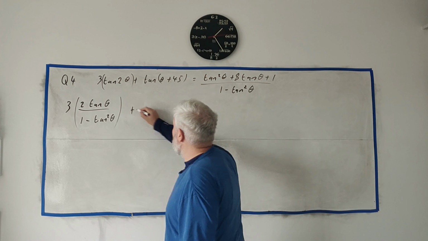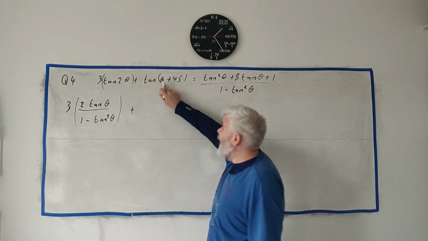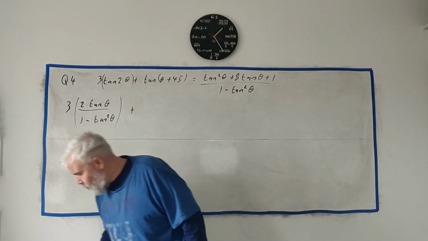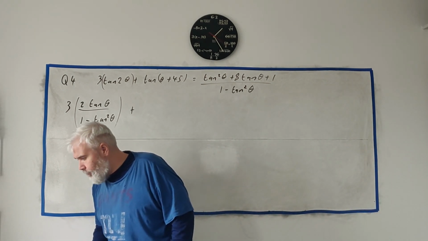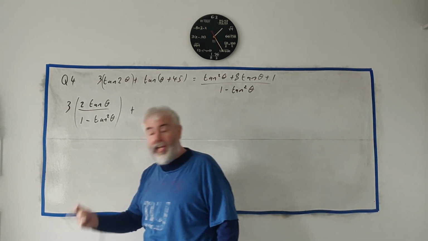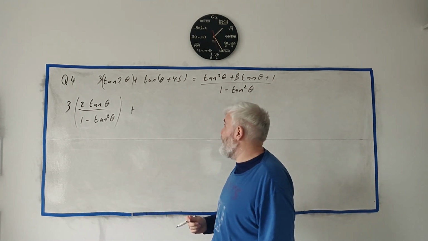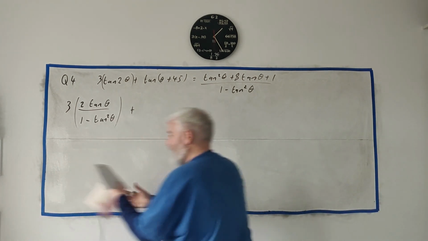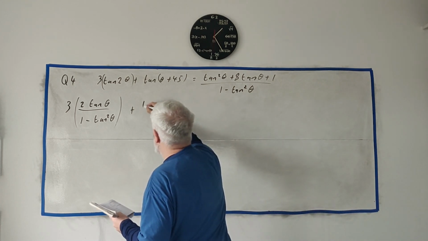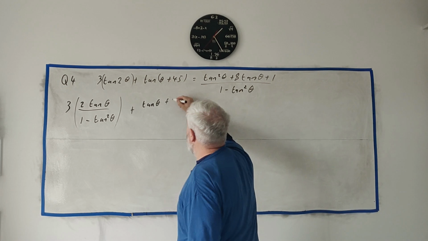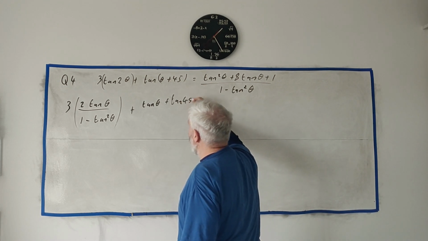And then the next one would be tangent of an angle plus an angle. I won't write out the formula, but let me read it out to you. It's tan of the first angle plus tan of the second angle divided by 1 minus tan of the first multiplied by tan of the second. So I'm going to apply that here. So tan of the first is tan of this theta plus tan of 45.